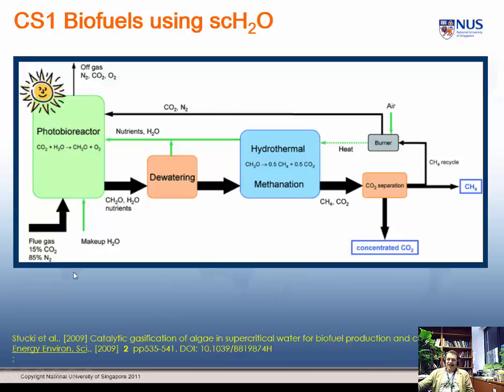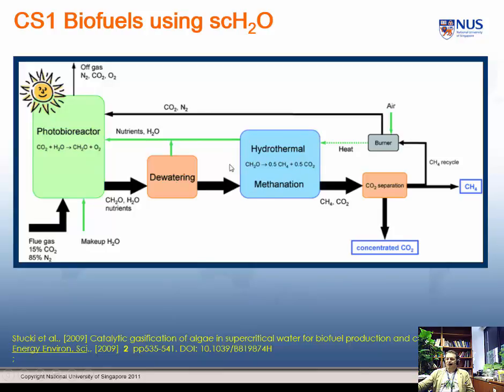So okay, let's just look at the other type of application, flue gas, carbon dioxide. Here what you're doing, you're producing concentrated CO2 and you're producing methane gas and therefore energy. So in it goes from your flue gas stream. You form in your bioreactor your organic compounds, and water, dewaters it, and then goes through.